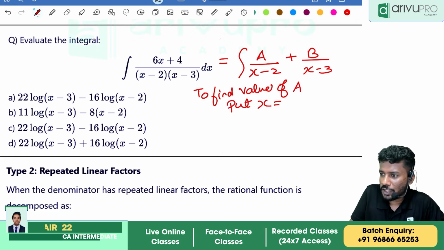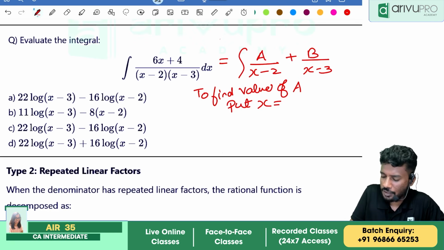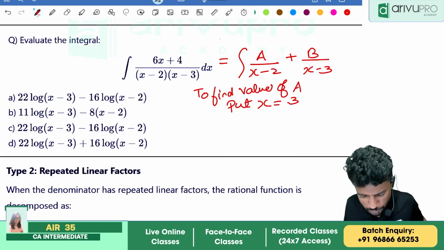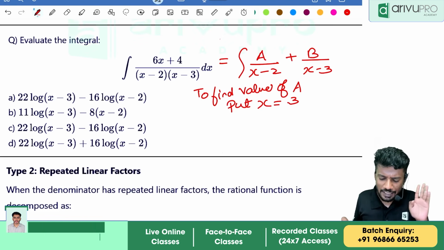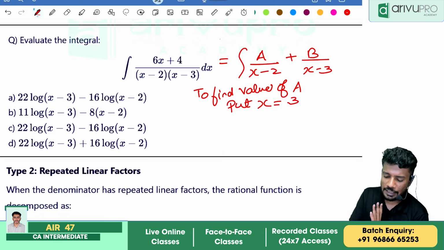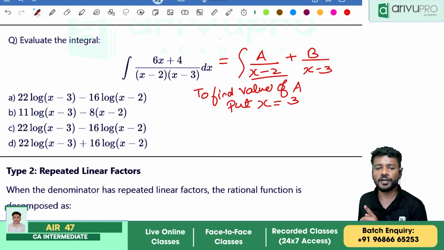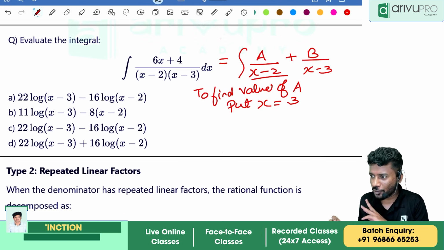X is equal to 3, sure? Now we will check that. X is equal to 3. We are checking that. Then in the left hand side, we will ignore all the other terms other than the a term. Now, is that correct? Tell me, is that correct or not?